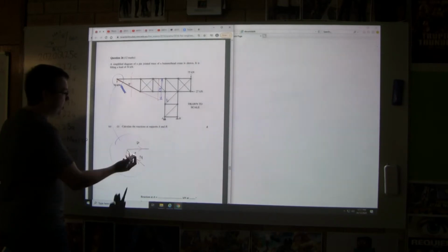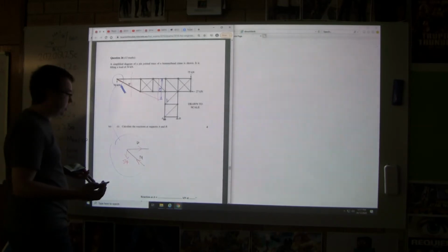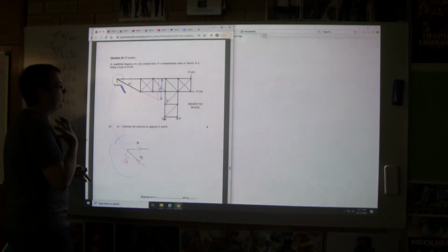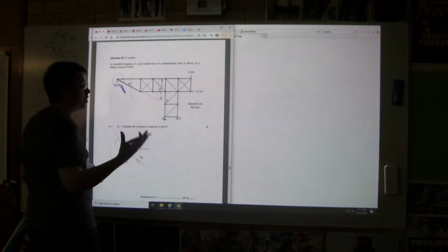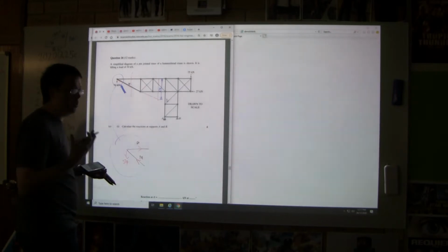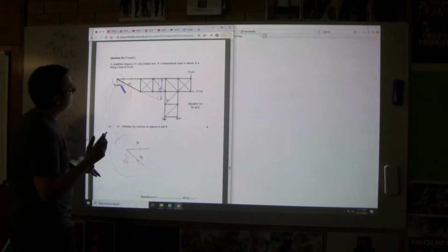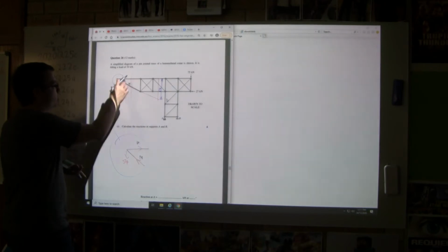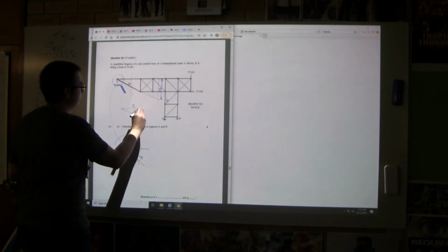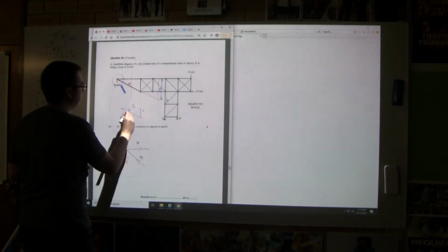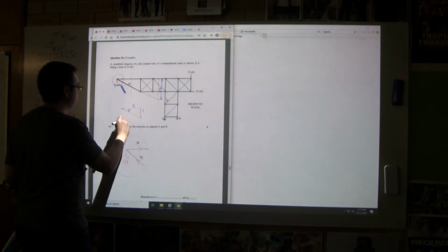But once we know the angle, well then it's relatively easy. We can say, okay, I'm going to find the angle. So in this case here, it's drawn to scale, so you could just get a protractor. If you have a protractor with you, do that. That's a smart move. But let's assume you don't have a protractor, you just have a ruler. We can say that the ratio is 2 to 1. So if I want to find this angle theta, I can use arctan, or the tan to the -1 button.